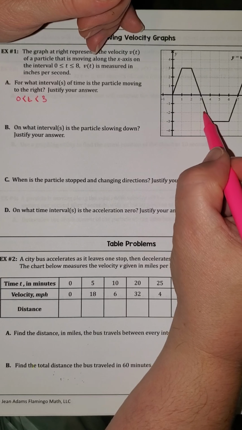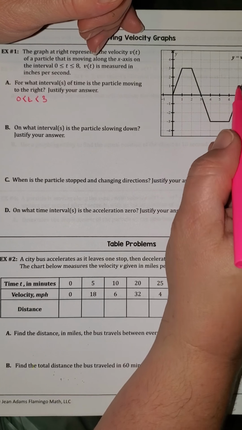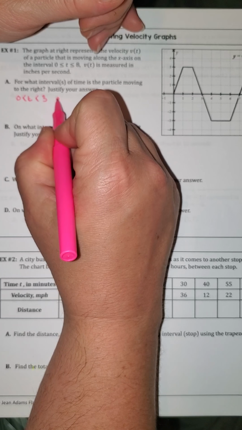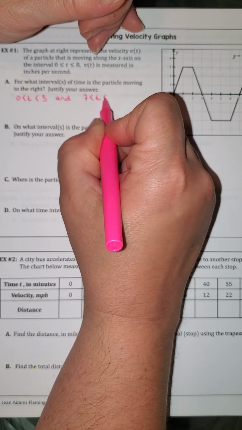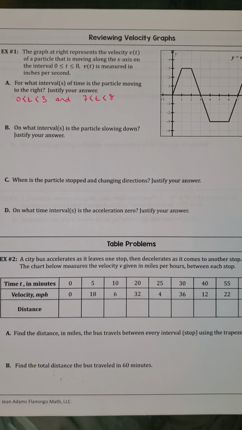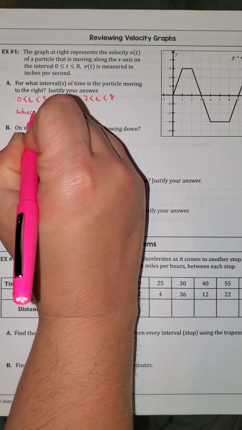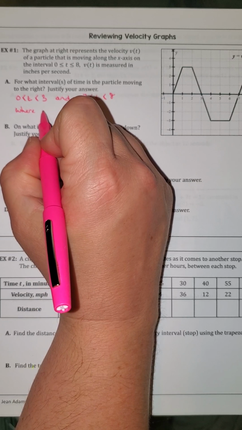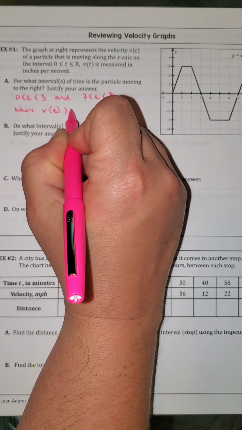And then it's going left, left, left. And then we're changing to positive. So from 7 to 8. Those are the 2 times when it's moving positive. And the justifying, this is where your v of t is greater than 0.